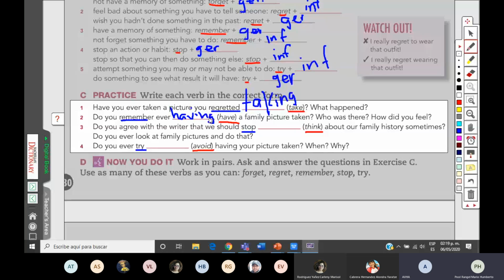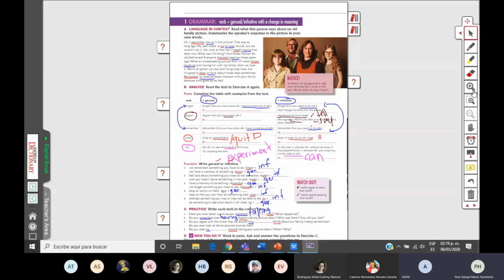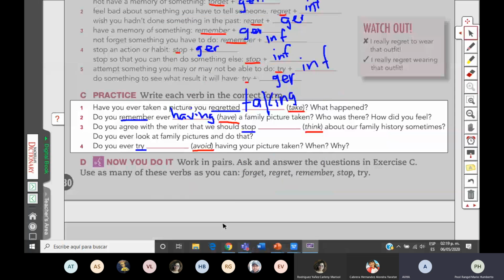Okay. So, we have number 3. Do you agree with the writer, the one up there, do you agree with the writer that we should stop about our family history sometimes? Like, do you ever look at family pictures and do that?